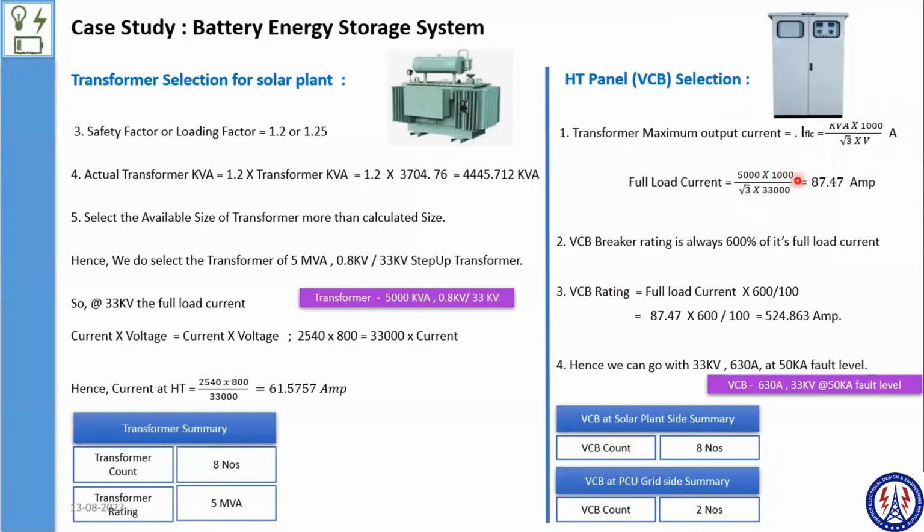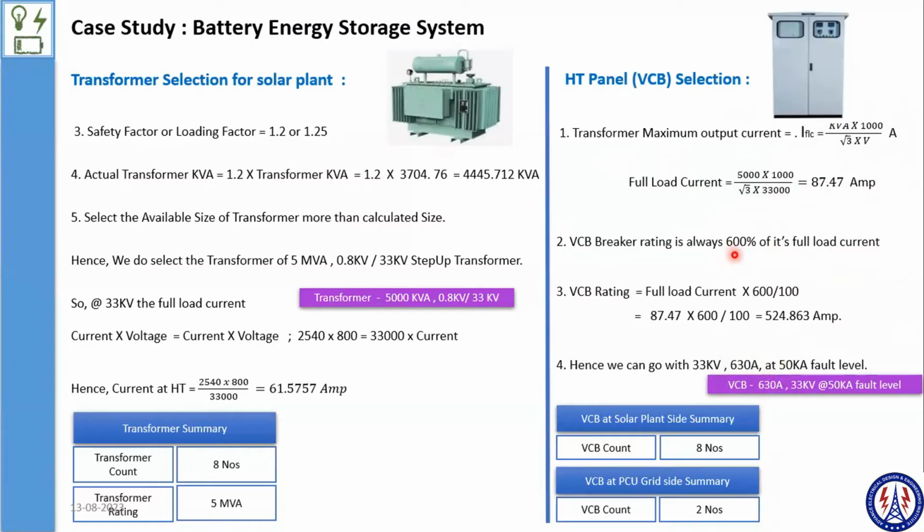So here also, because of 33 kV, the ampere is less than 100. And let's say a 400 amp VCB is available, but it is non-common, right? 630 is a common figure available in the market. And that's why it comes to a calculation of 600%. But if the 400 is available, you can go for that.